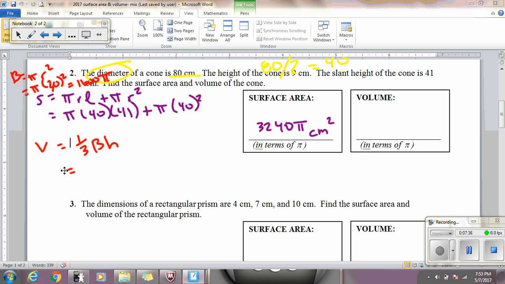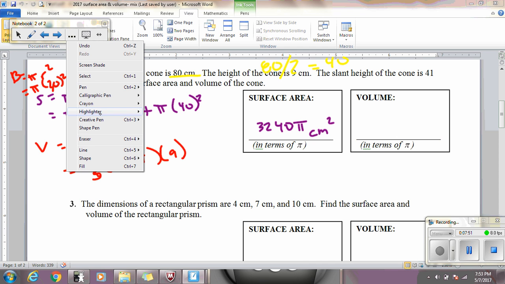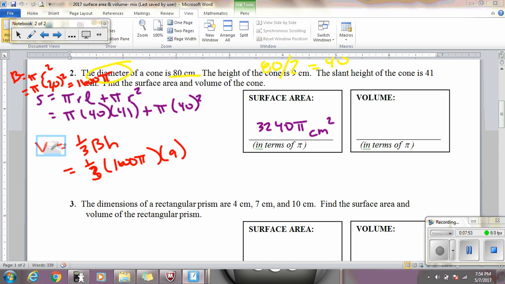So it's 1/3 times 1600 pi times our height, which is 9. I believe that's what it said before I accidentally wrote over it. Yep. So now we're going to put all of this in our calculator except for pi.